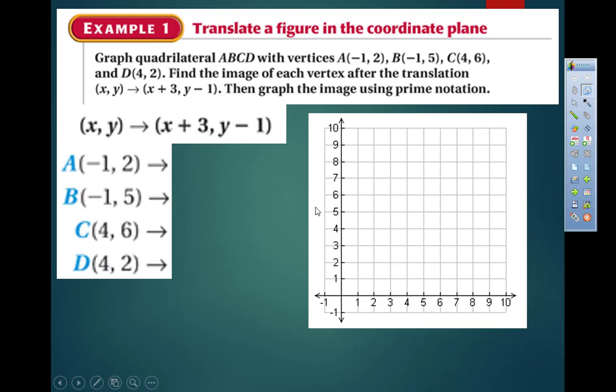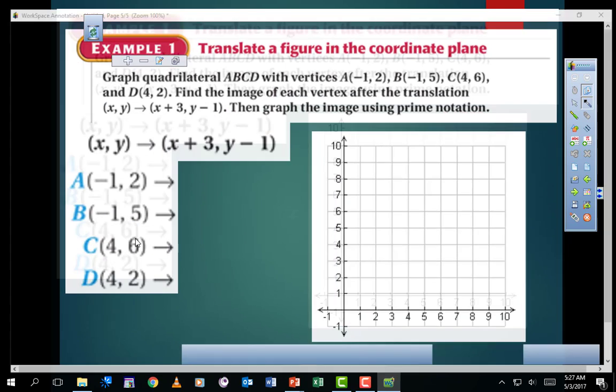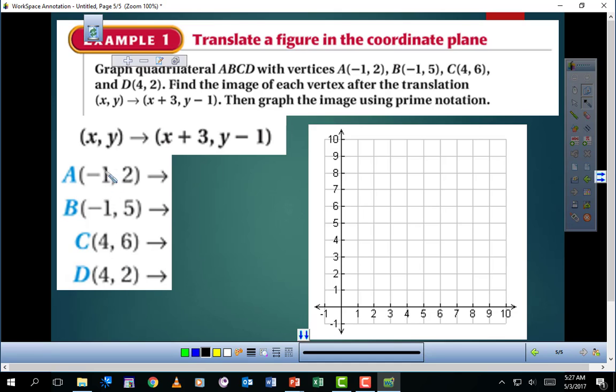We start off with the original coordinates. These are the original coordinates of A, B, C, and D. Because I don't want you to get confused, I'll go ahead and plot these points in blue. Just real quick. So this is where A is. B is at -1, 5.